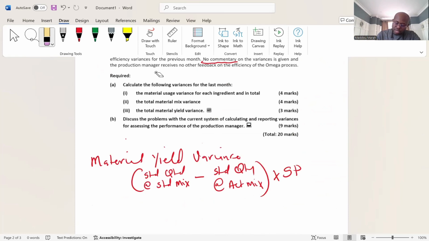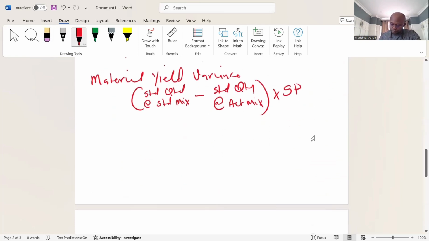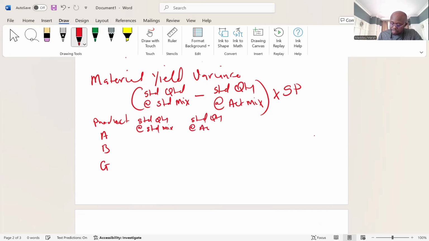So this is my formula. Now let me set up the same table. I have my product here: alpha, beta, and gamma. I have my standard quantity at standard mix, and my standard quantity at actual mix.